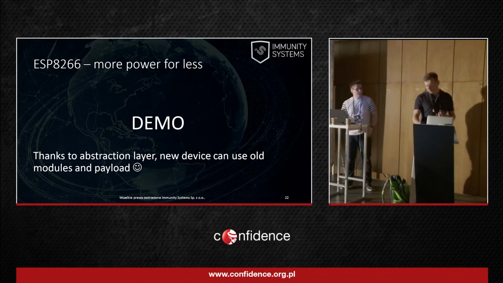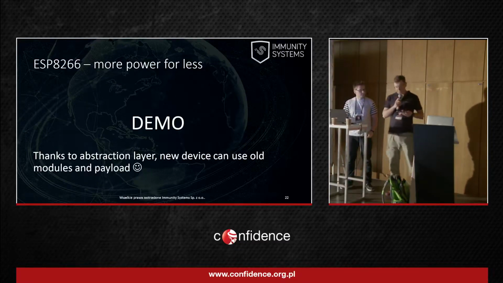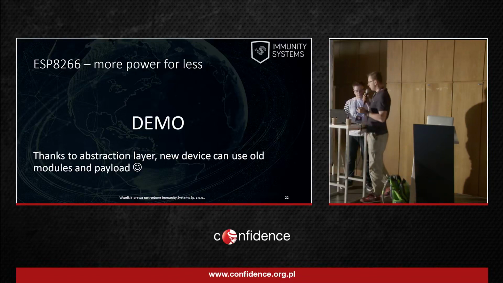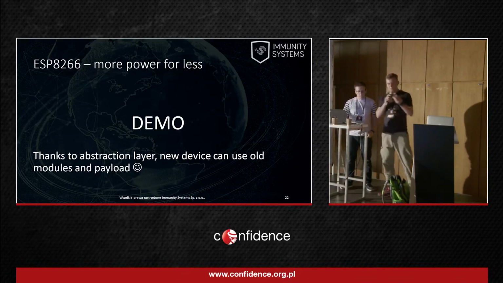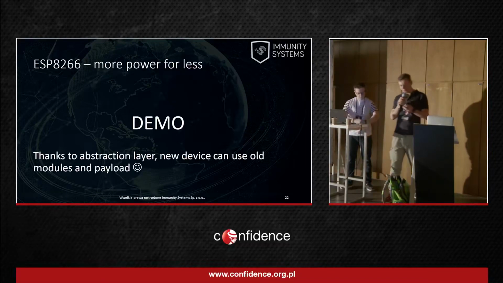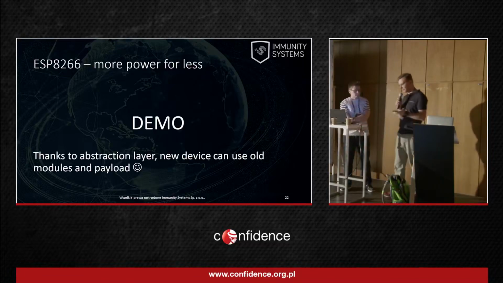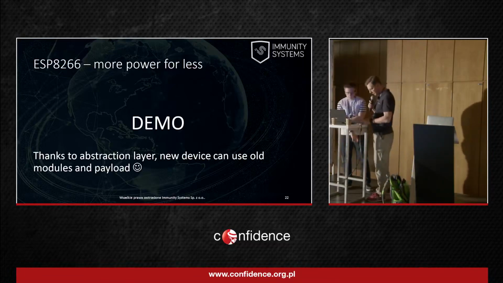So we are talking about the ESP8266, for example. Here's a demo board. And to use USB on ESP, you have to attach only one resistor, so it's pretty easy.